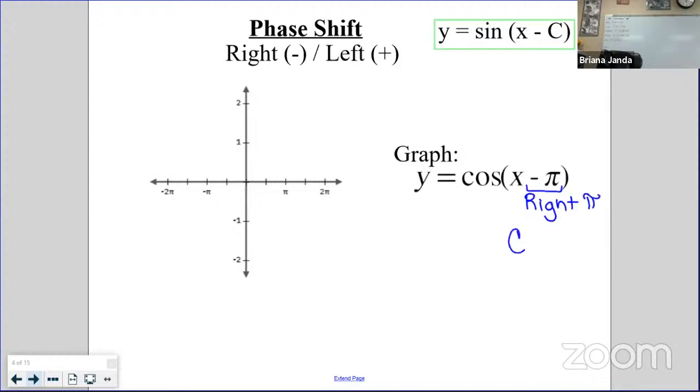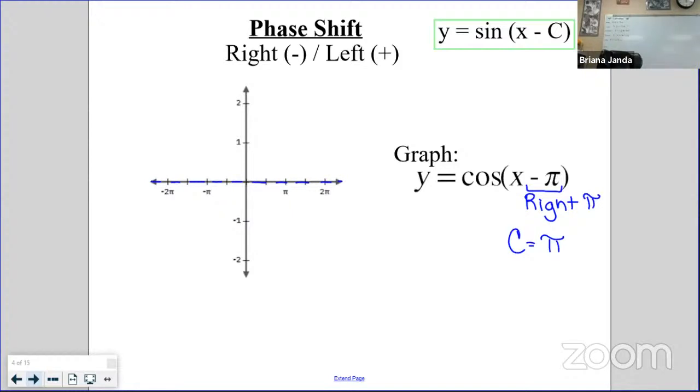And again, to be clear, that means my phase shift, or my C value, is a positive pi. So my midline didn't move. My period length didn't change. My amplitude is still 1. The only change we have is where we're going to put that first dot.